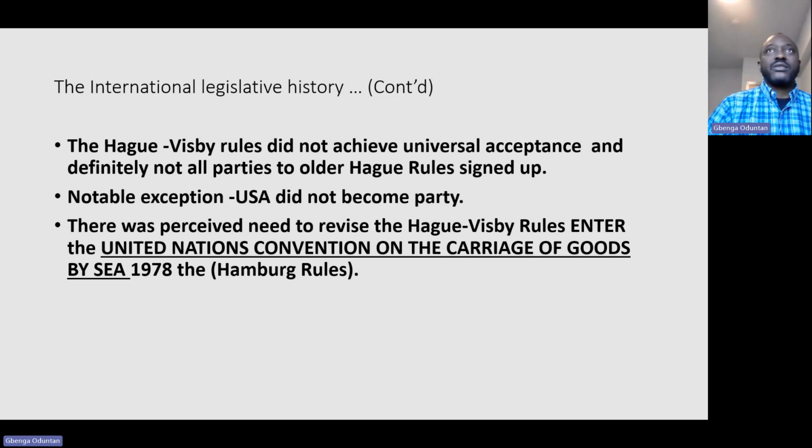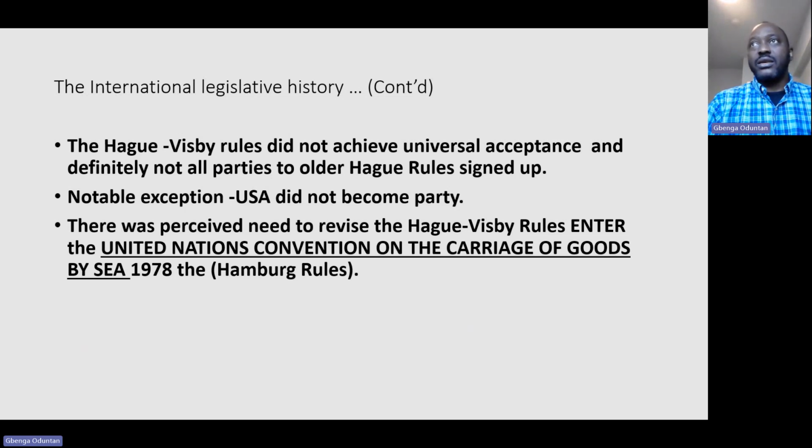And the hope was that more states would come under the Hamburg Rules, and they would solve the problem of too wide exemptions and defenses that the ship owning class had when things go wrong.